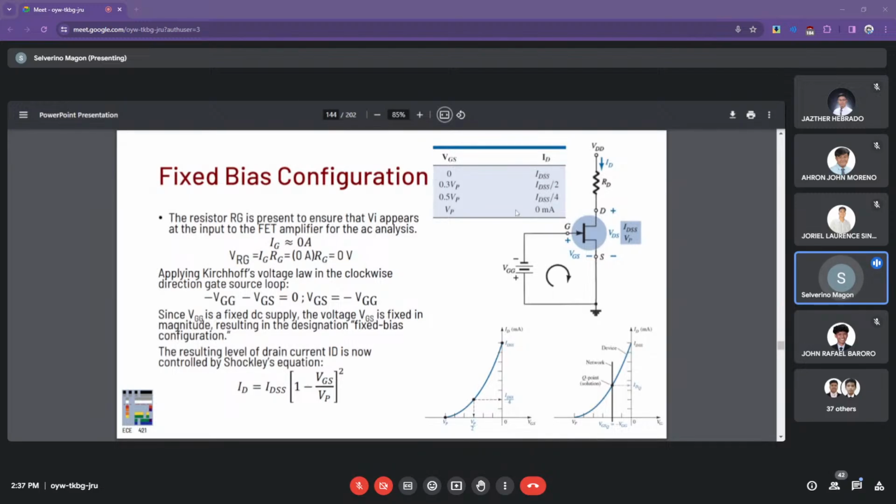IDSS is typically presented in data sheets, so this is immediately available. Pinch-off voltage is similarly included in the data sheets. What we need to solve for is the value of ID for the Q point, as well as VDS, the voltage across the transistor itself, which gives us an idea of what the voltage output is when viewed from the pin D, or viewed from the outside going into the drain pin of the transistor.